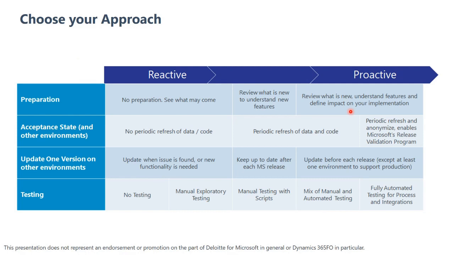For acceptance test and other environments, we need to handle periodic refresh, and enable a micro release validation program, something like that. So with the power of LCS, with the service part, we can refresh our data with just a click.